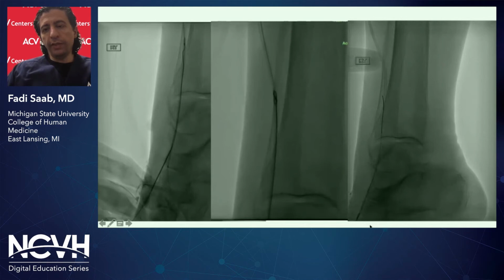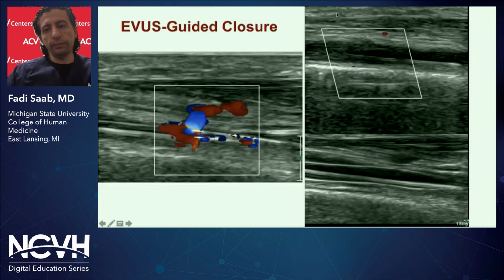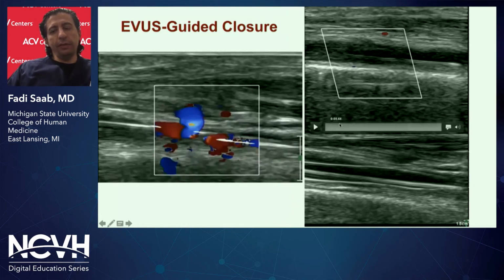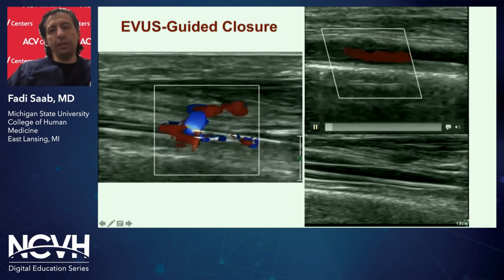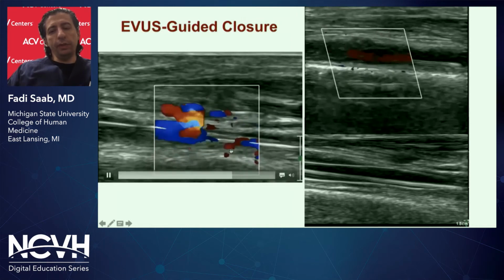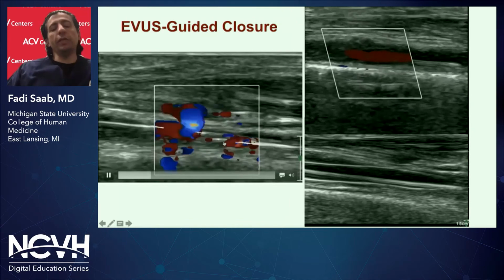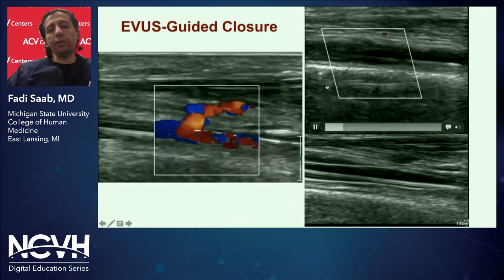So let's see what we did next. Now I want to show you the anterior tibial artery access site. This is actually the anterior tibial artery access site. You can see here that we inflated a balloon within that segment. The other thing that we can do is basically apply our ultrasound.